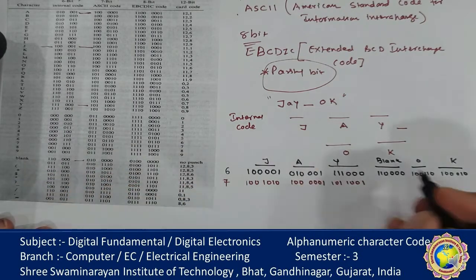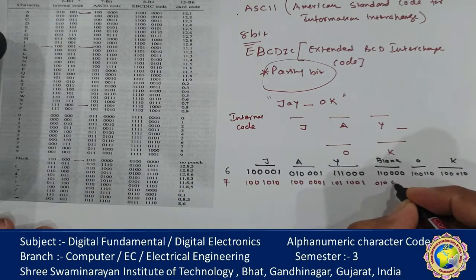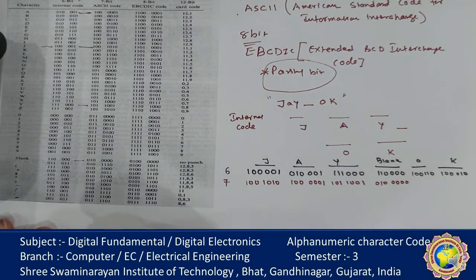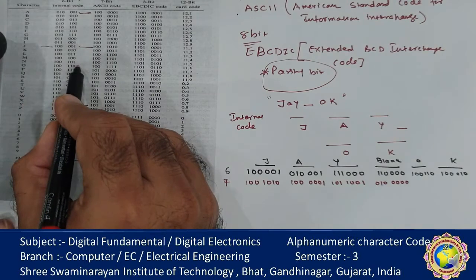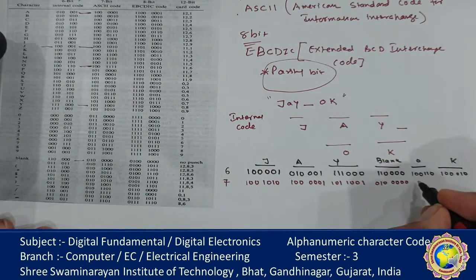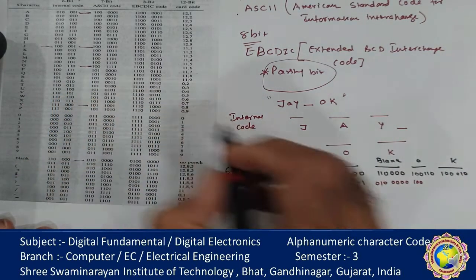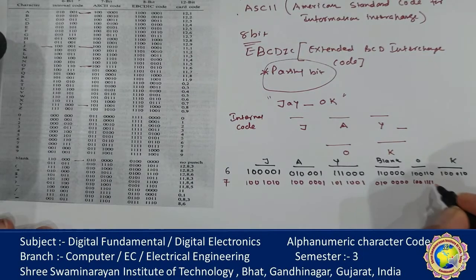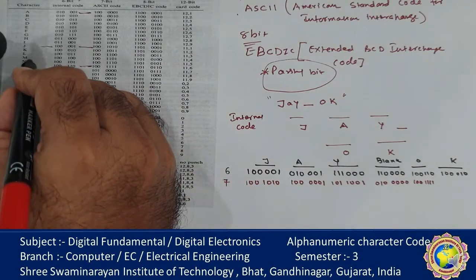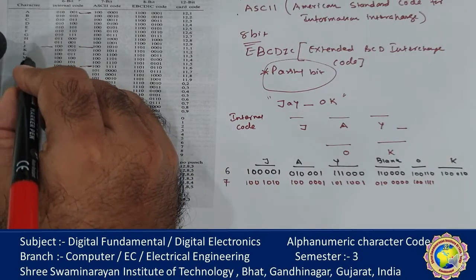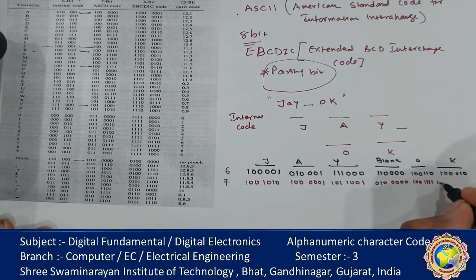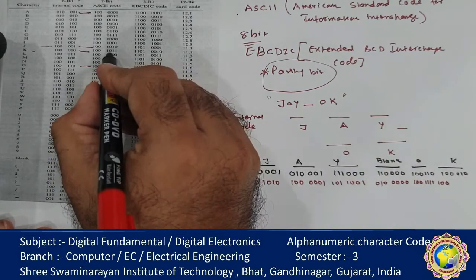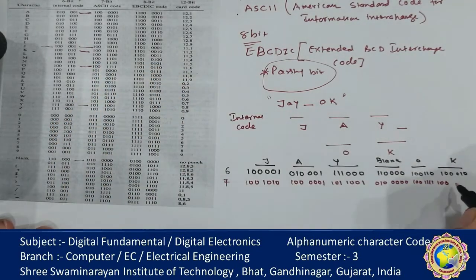Blank is 010 followed by all four 0s. O is 100 followed by all four 1s, and K is 1001011.